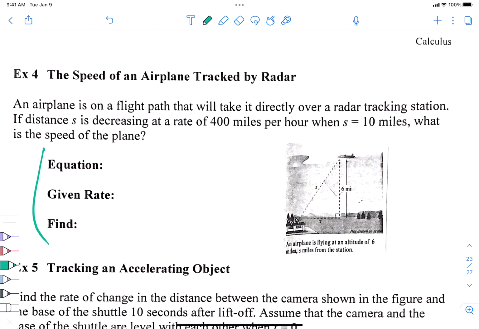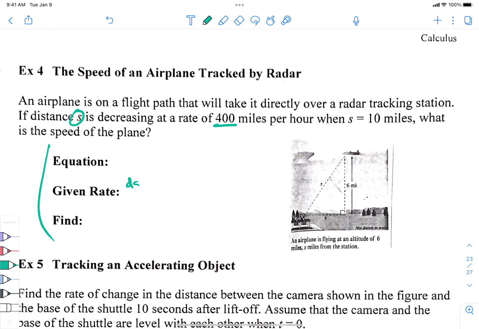So an airplane is on a flight path that will take it directly over a radar tracking station. If the distance S is decreasing at a rate of 400 miles per hour. Okay, I don't even have an equation, but when it says S is decreasing at a rate of 400 miles per hour, what does that mean? dS over dT. Yeah, dS over dT is going to be our given.